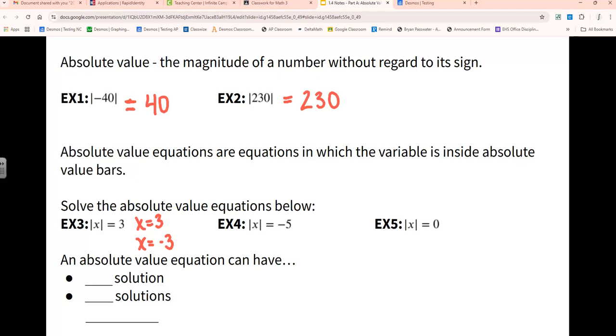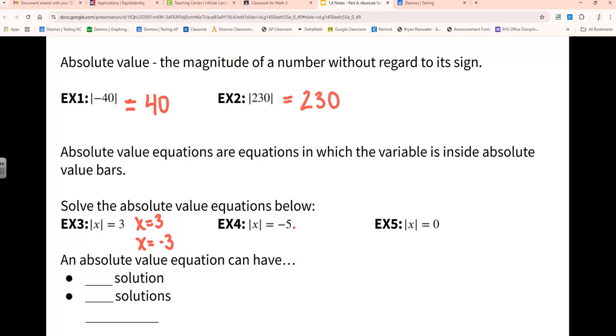The second one, absolute value of x equals negative 5. What number could I plug in here? If I do the absolute value of 5, what do I get? I just get positive 5, because it's the washing machine. It washes away the negatives. If I put a clean 5 in, I get a clean 5 out. Is there anything I could plug in that would give me negative 5? No, because if you put anything into the washing machine, it comes out clean.